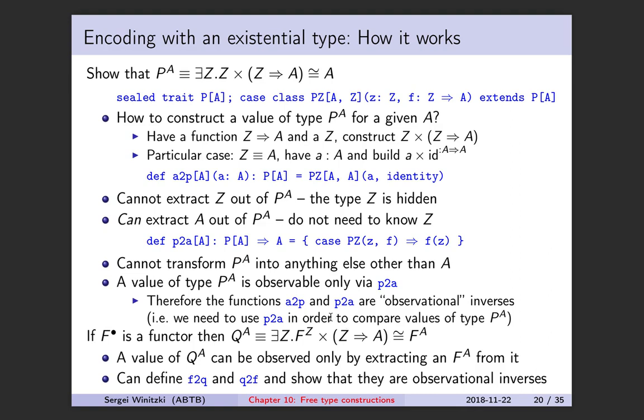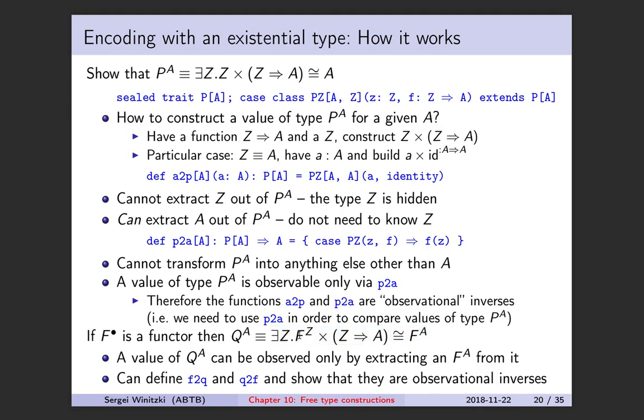I skip this calculation, but this is very similar to what we did for proving the identity of types a couple of slides before, when we used the universally quantified type. So this proves this equivalence.